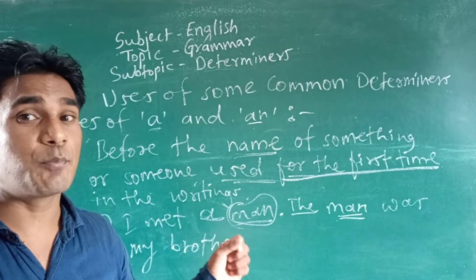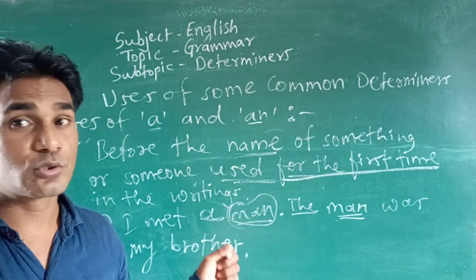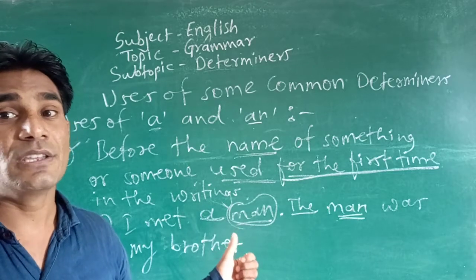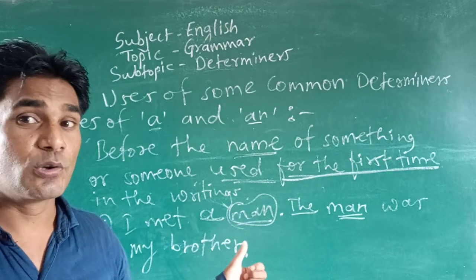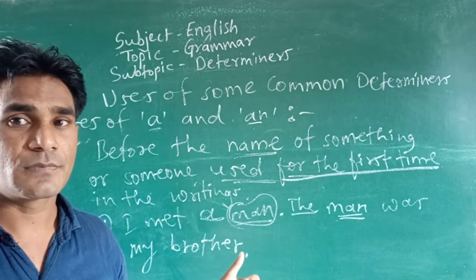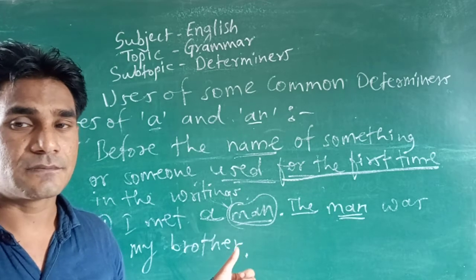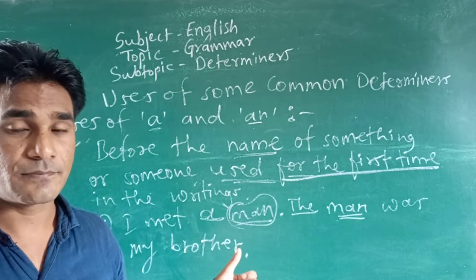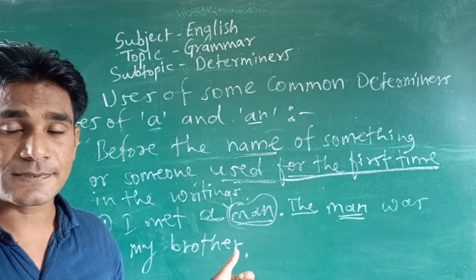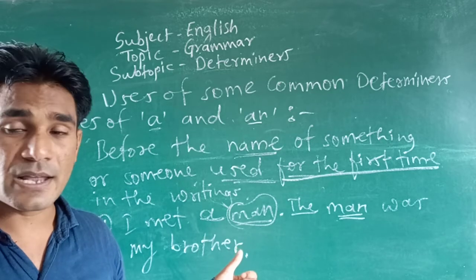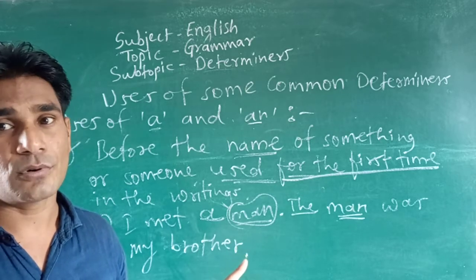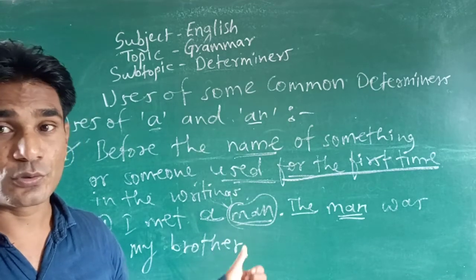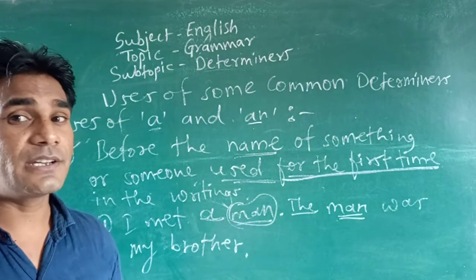It is a really very important rule, and you should understand it very well, because this rule is used a lot in writing skills, in developing stories, writing paragraphs, writing analytical paragraphs, and so on. So do understand and do write in your copy.